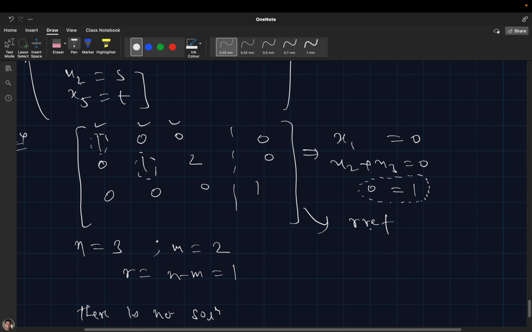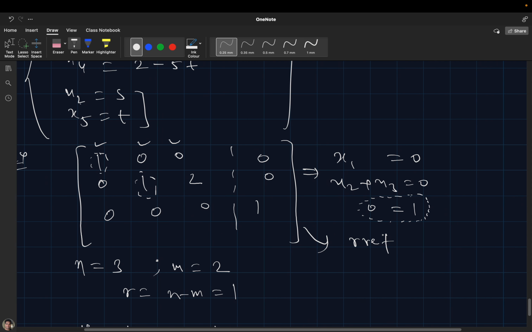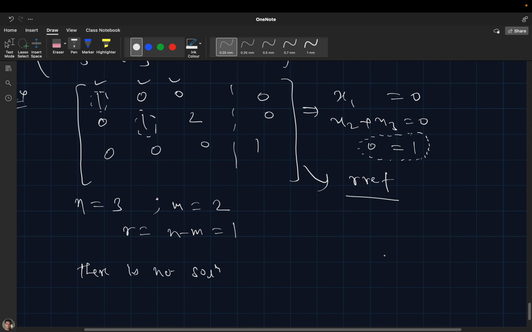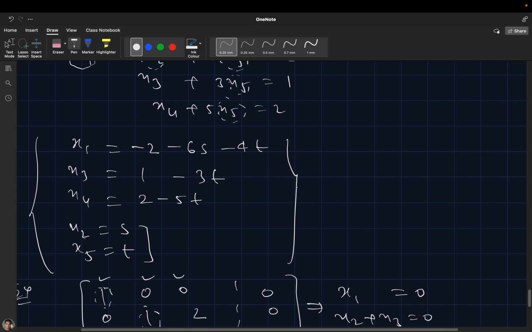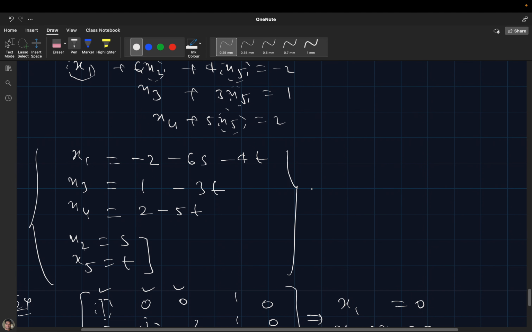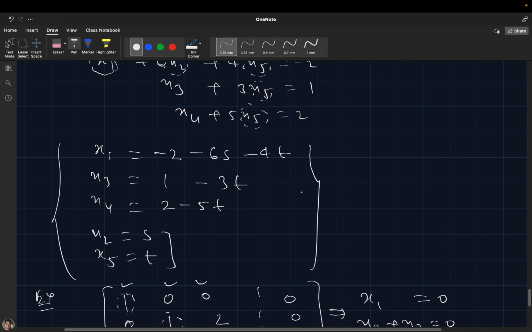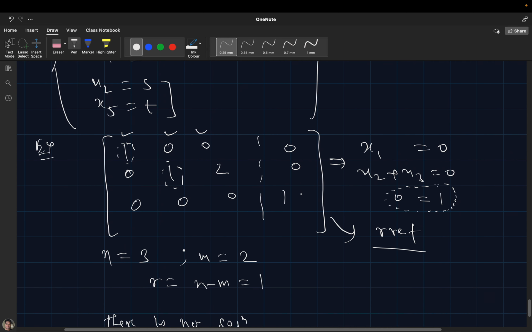If you can convert the augmented matrix to RREF, you can clearly separate the free variables and leading variables. So that's why row reduced echelon form is very handy.